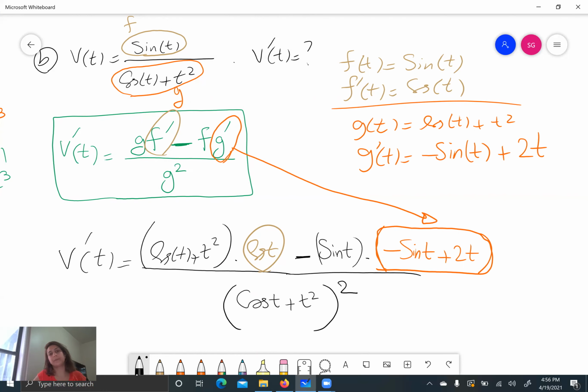What does the sum rule say? Take the derivative of this function, add it to the derivative of the second function. Okay, so we are going to take the derivative of x times sine of x, and then add it to the derivative of x squared over cosine of x plus 1. Okay, so I need to take the derivative of each one.